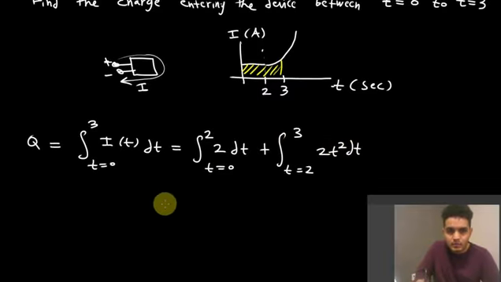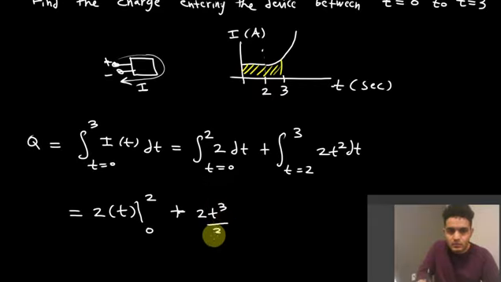Now solving this and simplifying, we're going to get 2 times t evaluated from 0 to 2, plus 2t cubed over 3 evaluated from t equals 2 to 3.